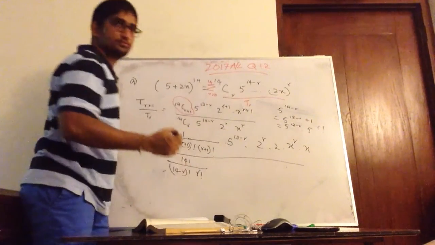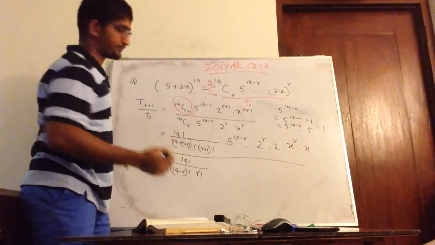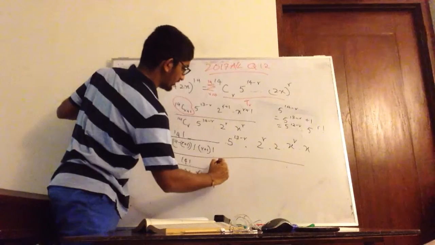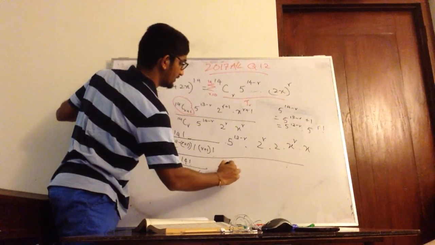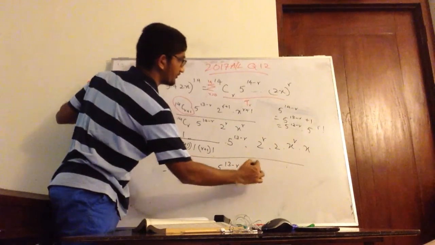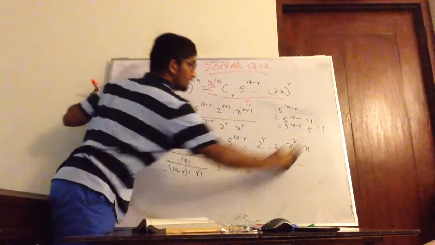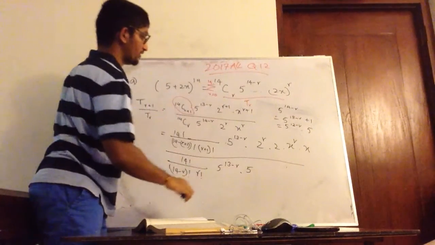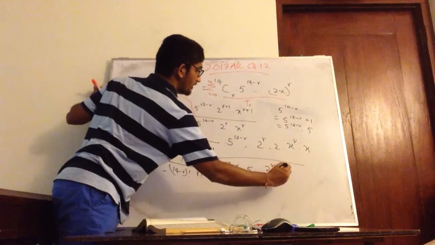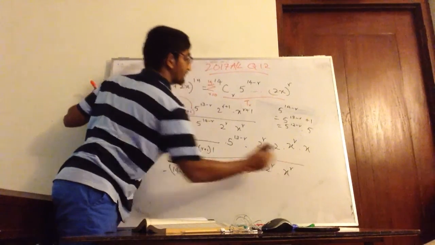Correct? So I can write this as 5^(13 minus r) into 5, then 2^r x^r.